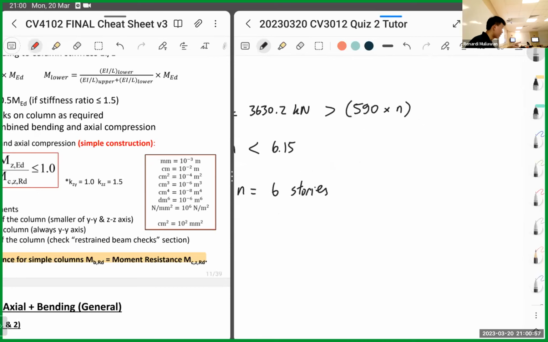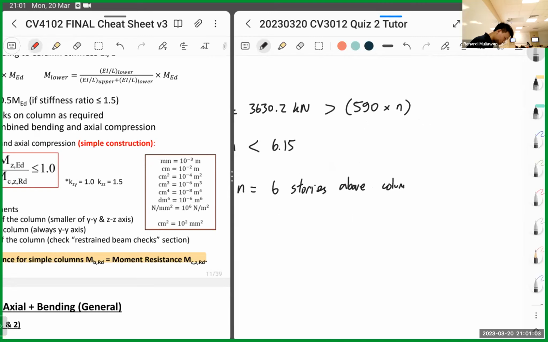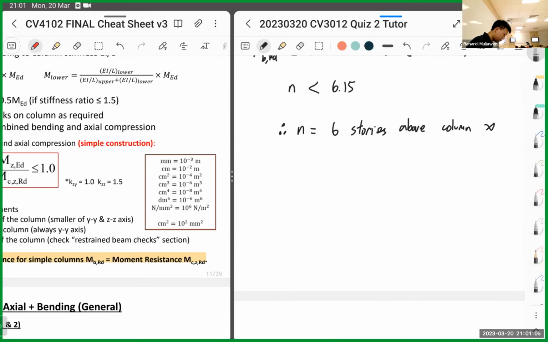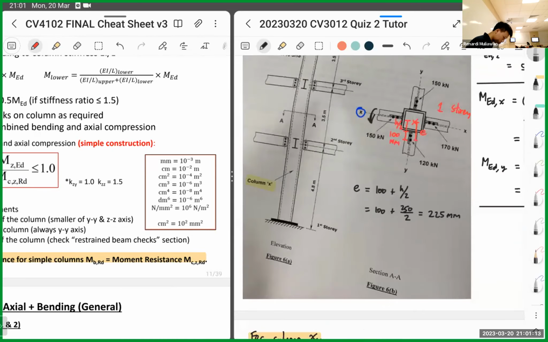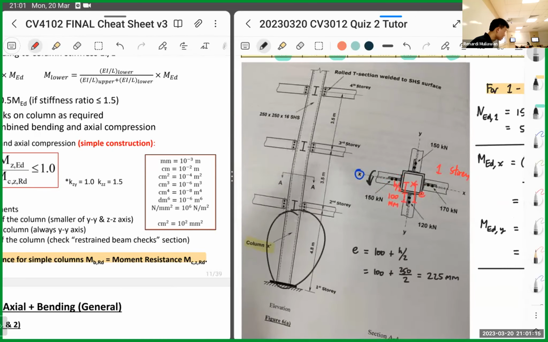Remember, 6 stories above column X. So if column X is something like this, if you see the picture just now, this is column X. It can support 6 stories.